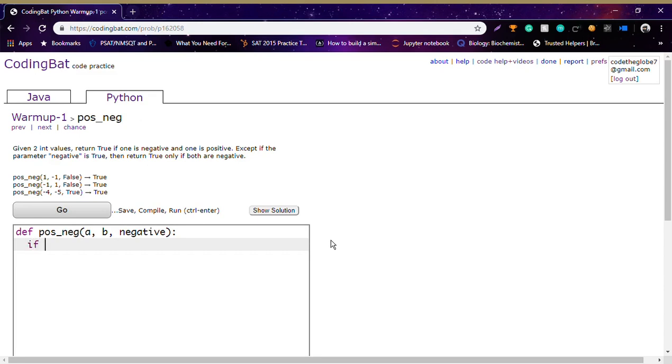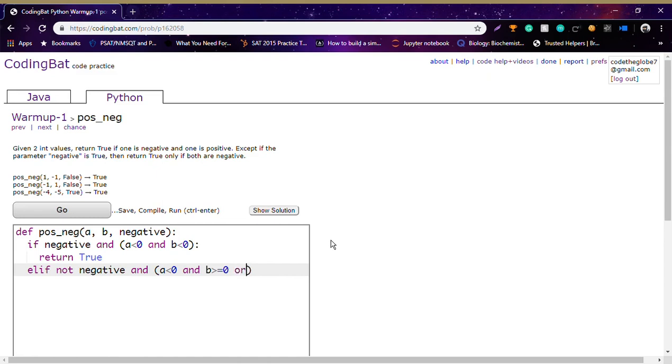So if negative is true and a is less than 0 and b is less than 0, we return true. Then else if not negative, that is if negative is false, and a is less than 0 and b is greater than or equal to 0, or b is less than 0 and a is greater than or equal to 0.